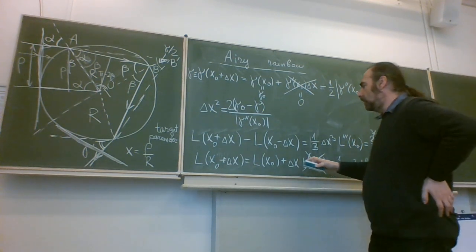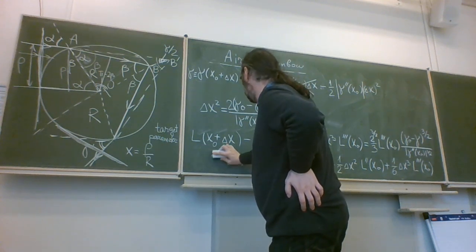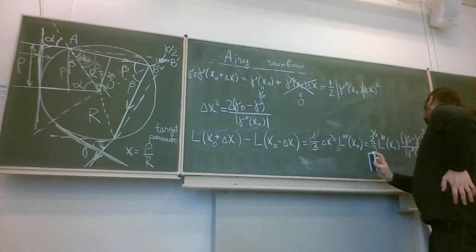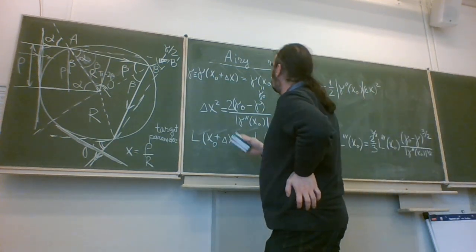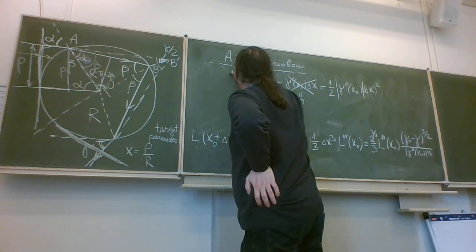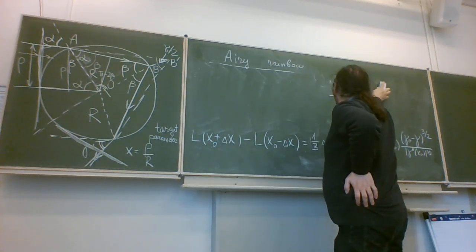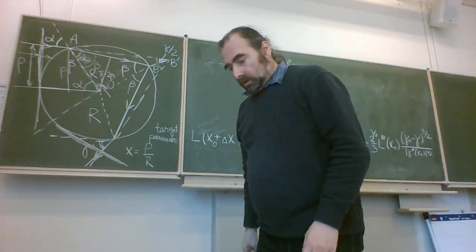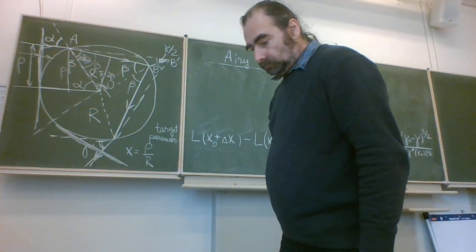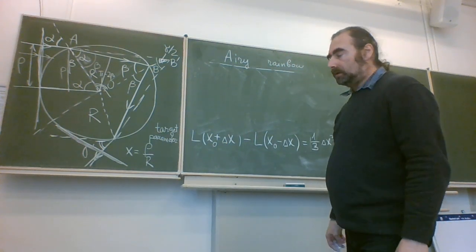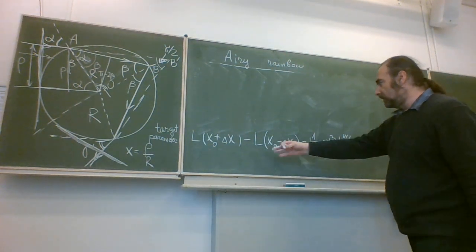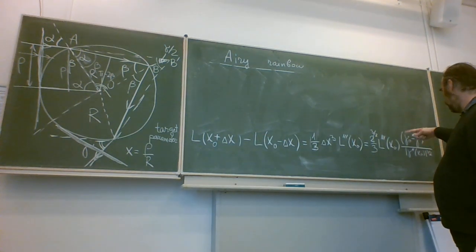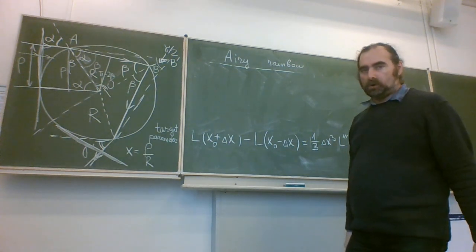That's what we need. I will now erase this. And I think I will also erase that. And now we just say fine. So that's the difference between these optical lengths in terms of the deviation from gamma naught.